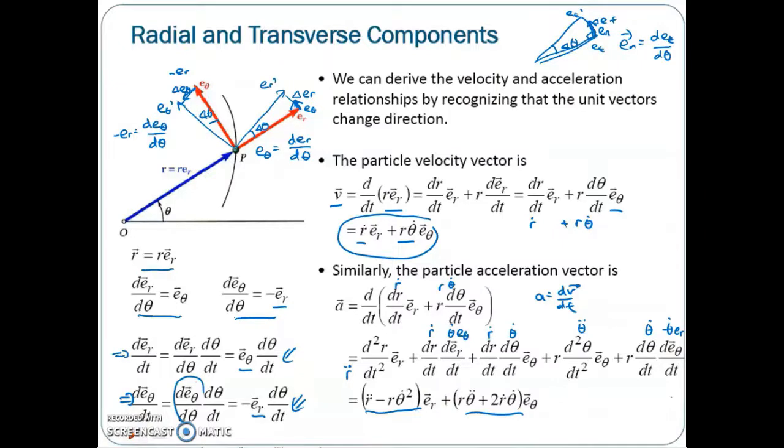As I mentioned earlier, these radial and transverse components are particularly convenient for solving problems when our R, the radius, or our theta, the angle, are functions of t. Basically, R and theta change over time.